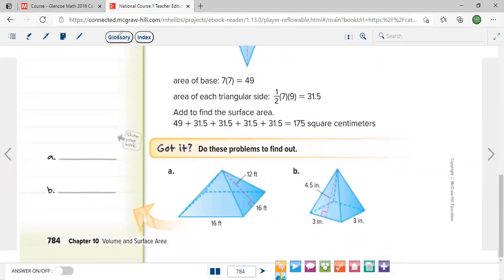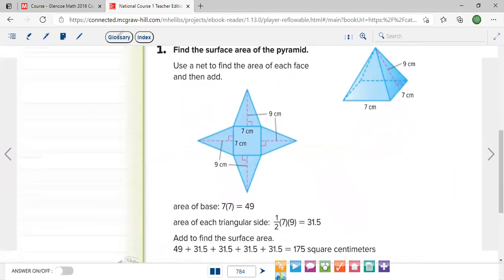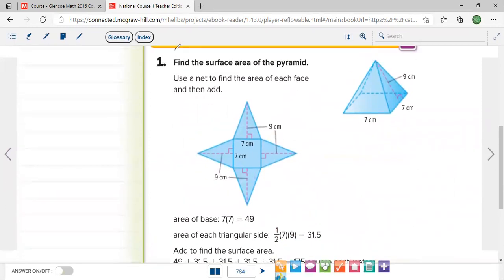Now I'll tell you my method to find this. It has a rule. Let me tell you the rule.